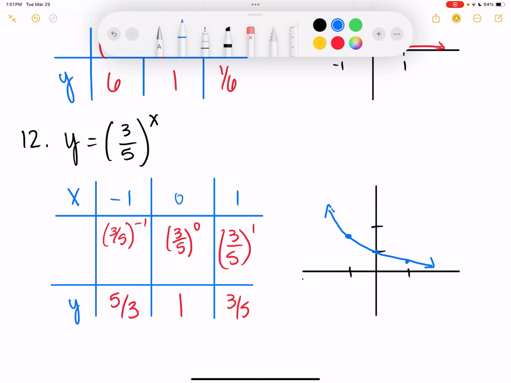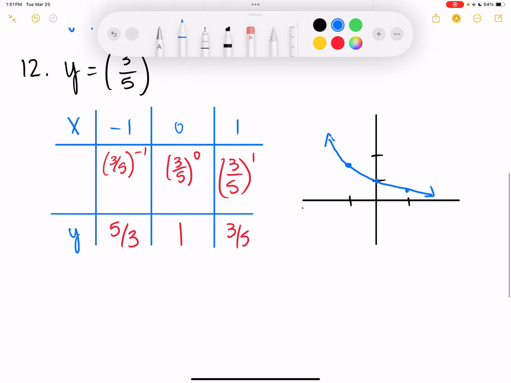Now, just to talk about it so you've seen it, if something like this happens, number 18, y equals 0.25 raised to the x. Now, decimals, as far as being raised to a negative power, are going to be a little bit harder. But what is 0.25 as a fraction? 1/4.